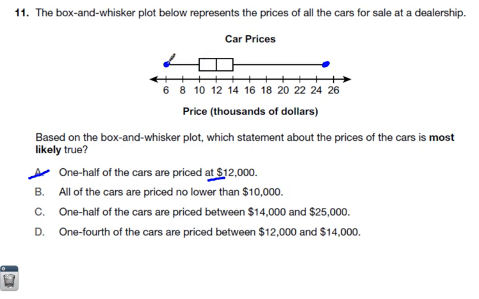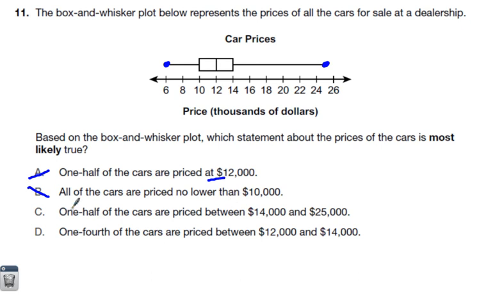No, we know that the lowest price is 6, because the whisker goes all the way to 6,000, and that means prices go down to 6,000. So if this number had said 6,000, it would have been B, but nope.